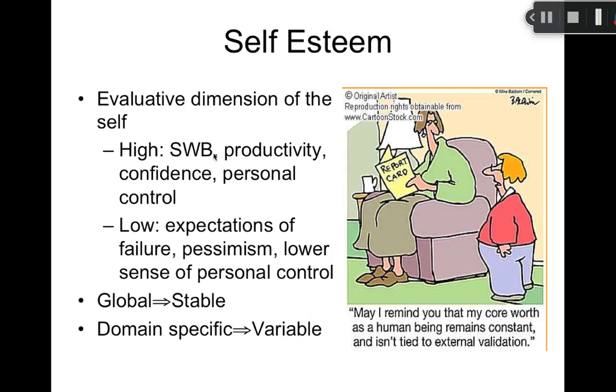This scale that you just completed is the Rosenberg scale. It measures global self-esteem. That is, it's an overall self-esteem that we carry with us across time and across places. It's pretty stable across administrations. There are also smaller, domain-specific self-esteems that are variable.